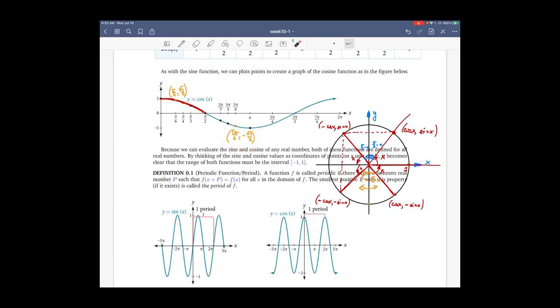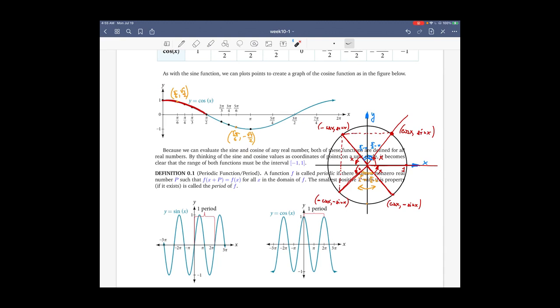First of all, that means that (pi over 2, 0) is the midpoint of the segment joining the points (pi over 6, root 3 over 2) and (5 pi over 6, negative root 3 over 2). This distance equals this distance. And I think that's it.